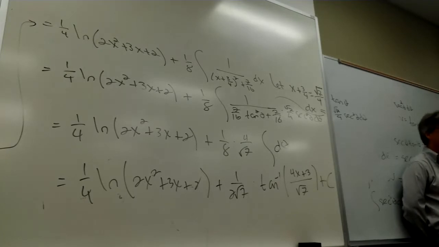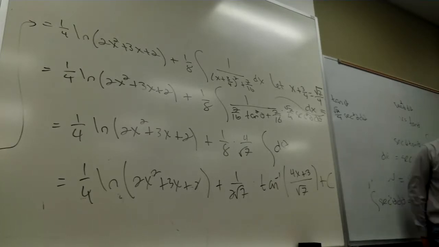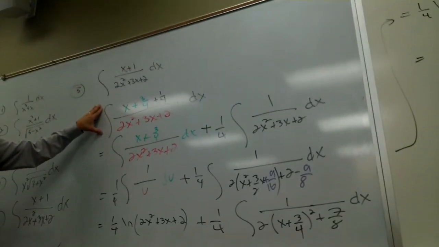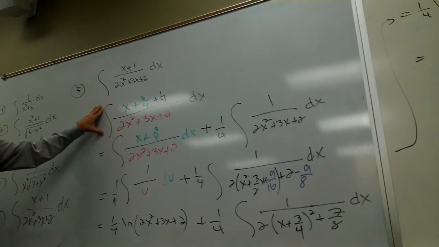David. Going back to step number 2 in example 5, just what you have on the board there. So the green and the red, my apologies. It's okay. So when you look at that, you have a rational function. You look at the denominator and you visualize the derivative of that, which will give you 4x plus 3.